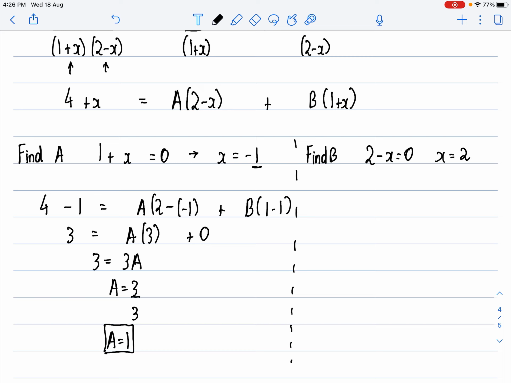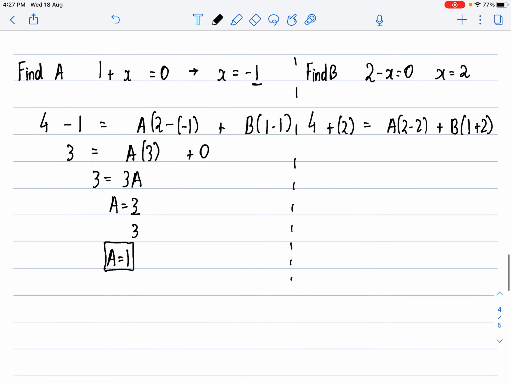Now I can write this as 4 plus 2 which is equal to a into 2 minus 2 plus b into 1 plus 2. So I get this basically as 6 equals to 0 plus b into 3. So I get my b basically as 6 over 3, which gives me my b as 2.